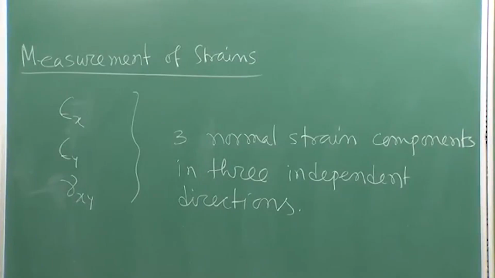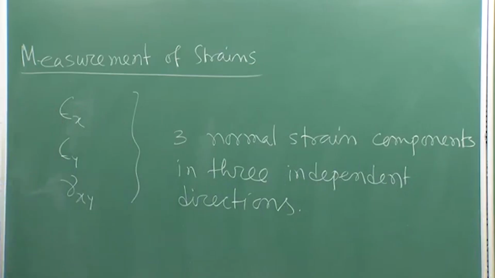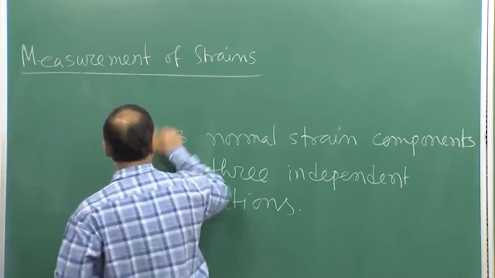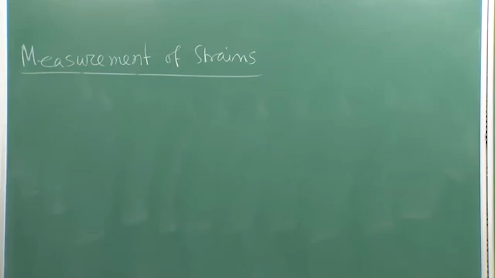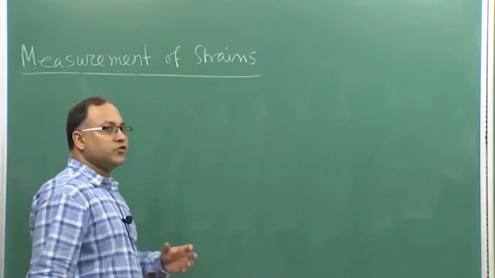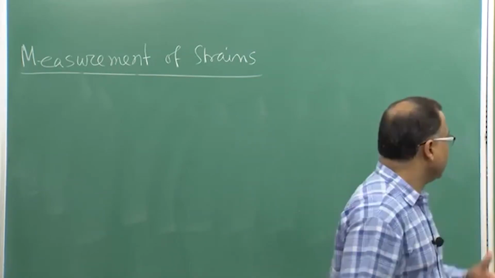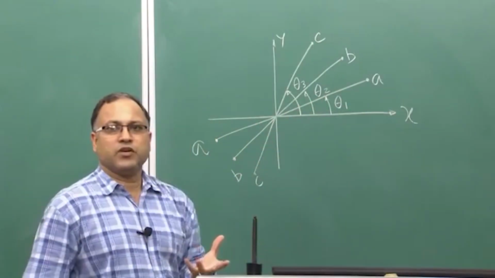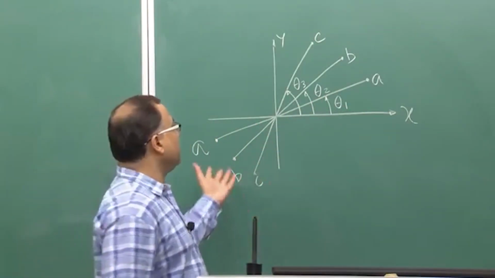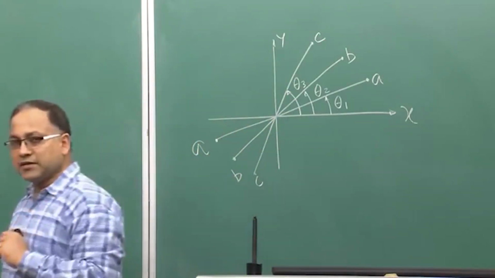Now, if we get three normal strain components from the strain gauge readings, then from the equation we have developed for getting the strain components in some rotated coordinate system, suppose AA is one arbitrary axis, BB is another arbitrary axis and CC is another arbitrary axis.